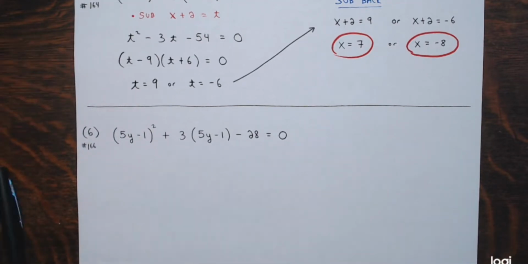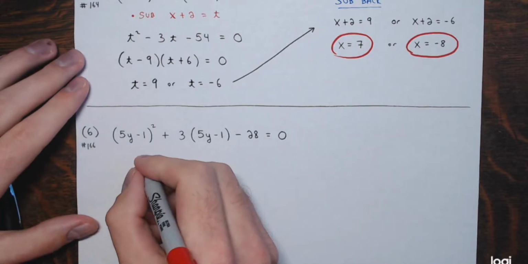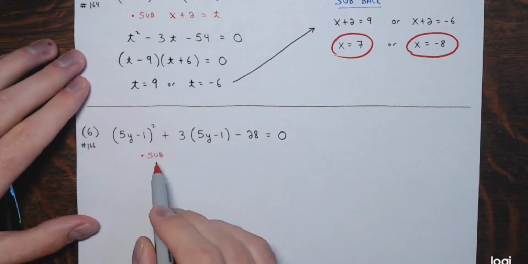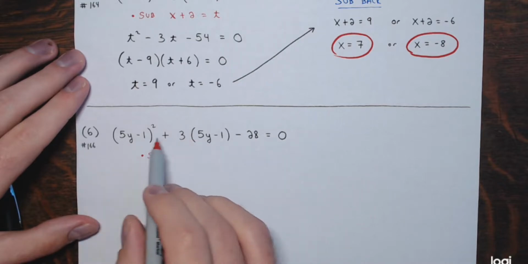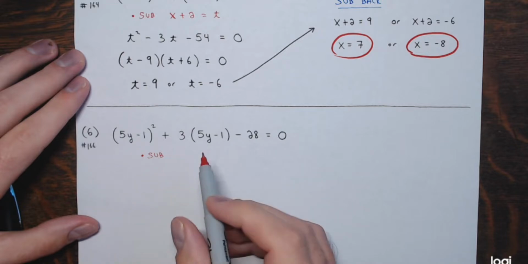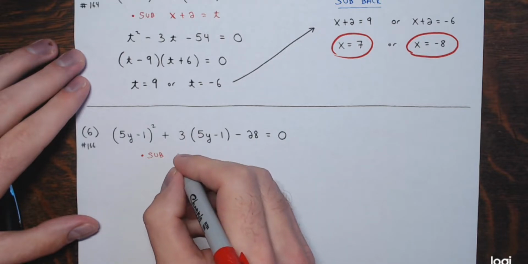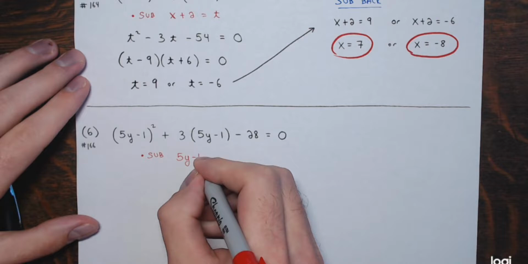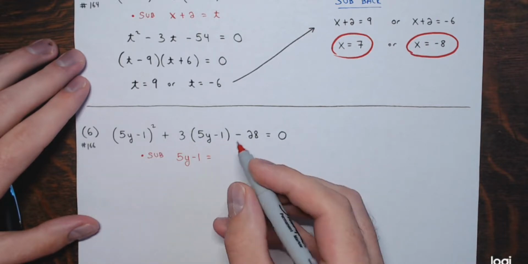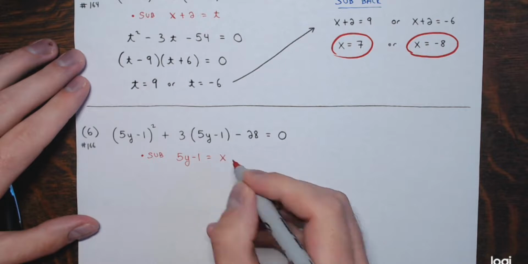So once I recognize that it's in quadratic form, I'll make a substitution. I'm just going to substitute for that expression that's being squared and to the first power in each of these first two terms. So that's 5y - 1. I'm going to replace 5y - 1 with x.